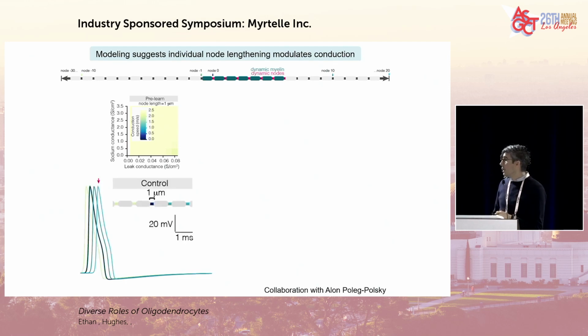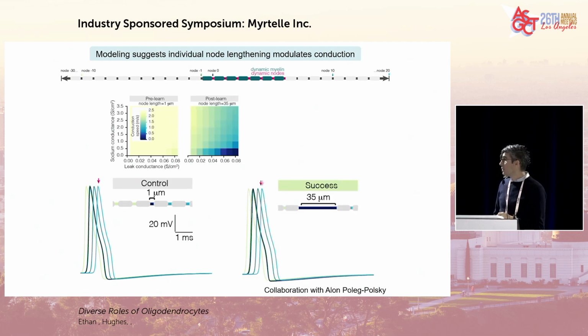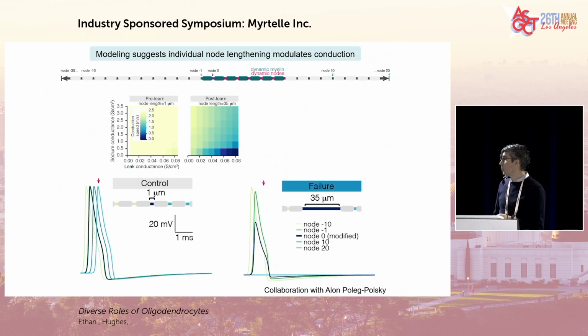However, if we modify the pattern of myelination along these areas, we could actually find that there are increased amounts of delays, as well as some proportion of failures, that can be generated with the lengthening of these individual nodes of Ranvier, really suggesting that these myelin dynamics may have functional impacts on the timing and conduction velocity of individual action potentials.